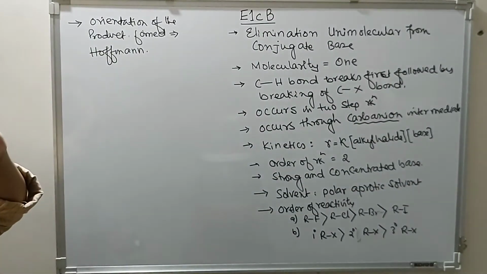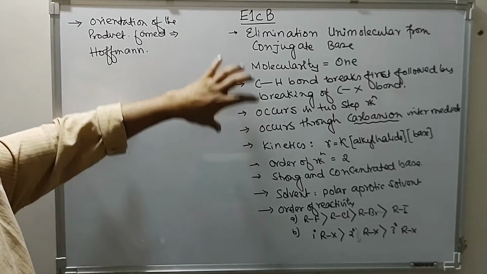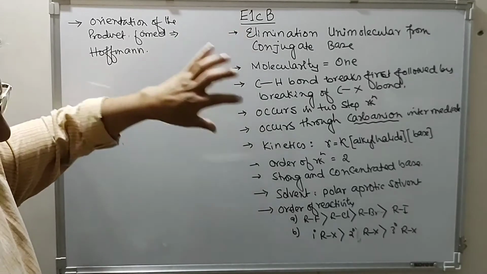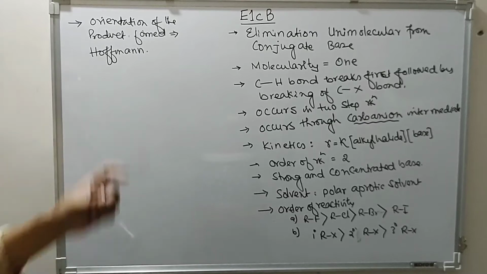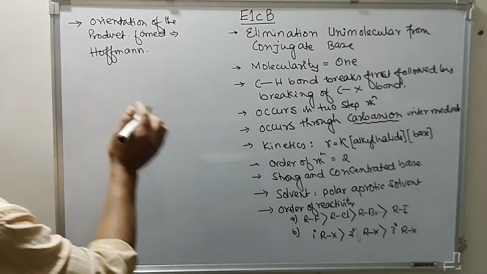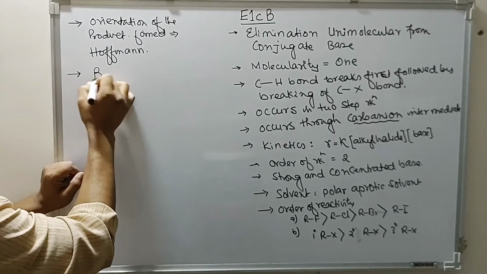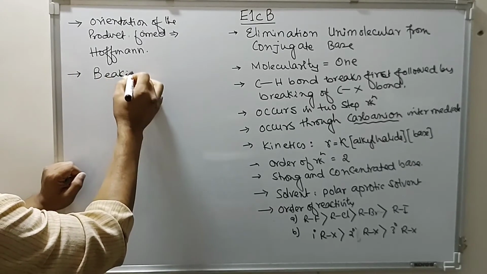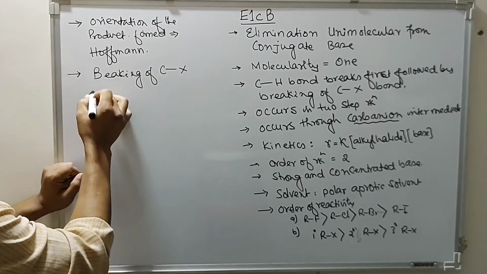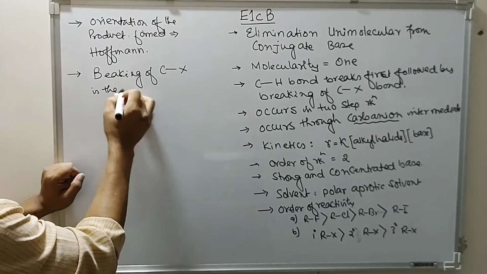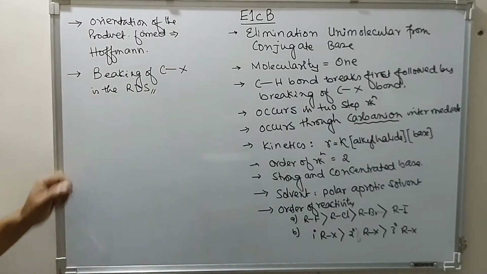So if you look at this reaction, as I told you, this is the least common reaction. Okay. Now in this reaction, breaking of CX bond is the rate determining step of the reaction.